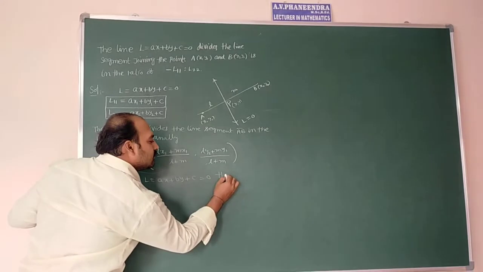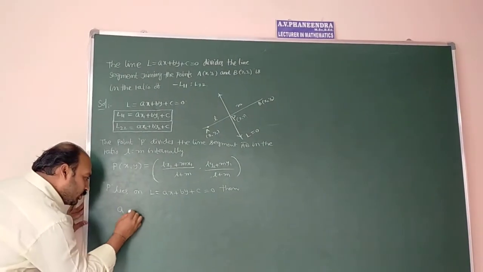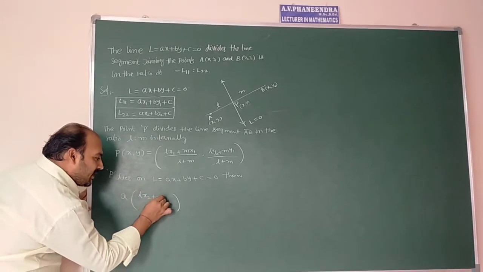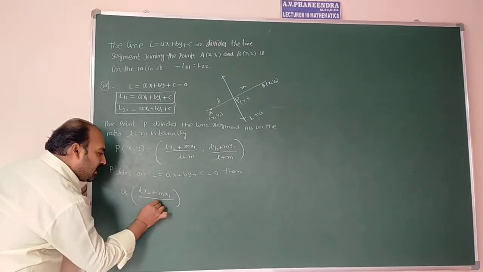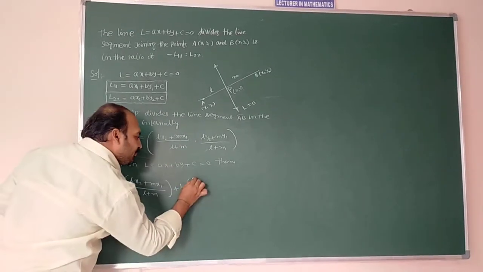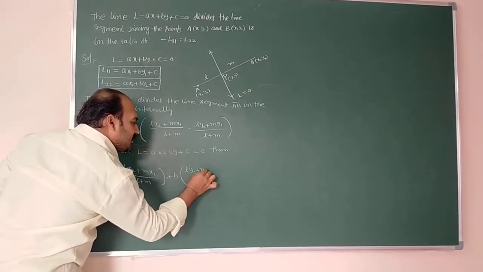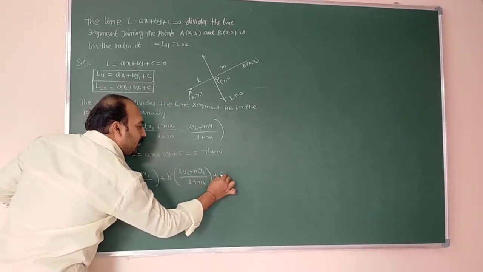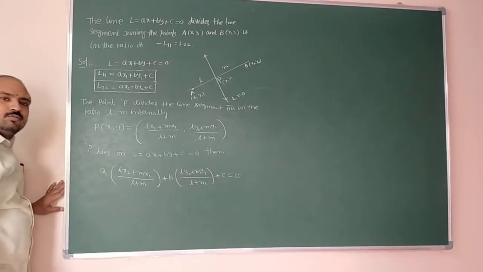Then a into, in place of x, Lx2 plus mx1 divided by L plus m, plus b into Ly2 plus my1 divided by L plus m, plus c equal to 0.